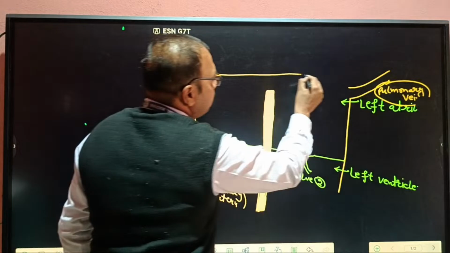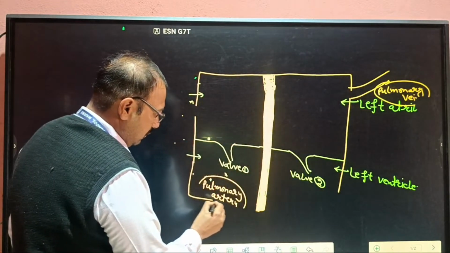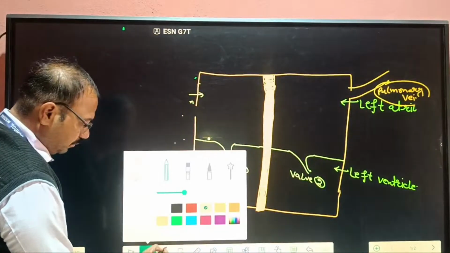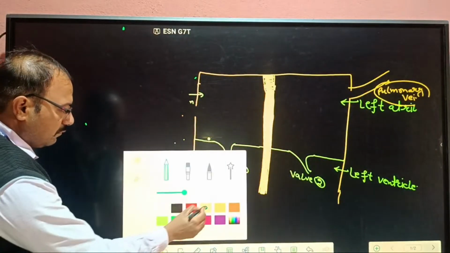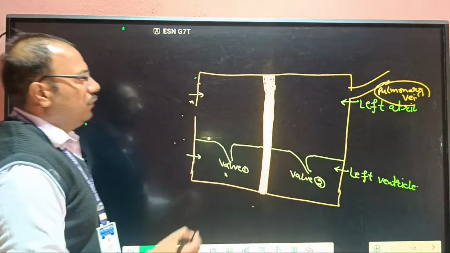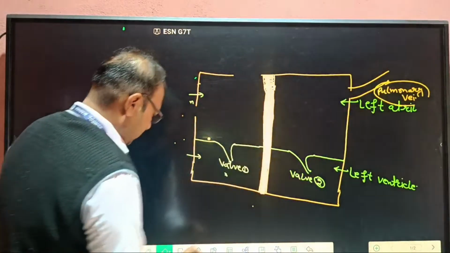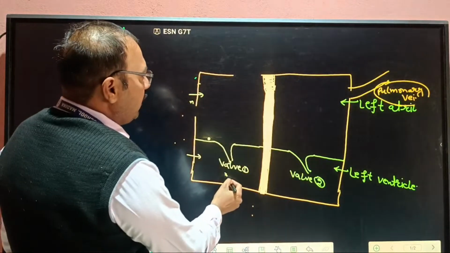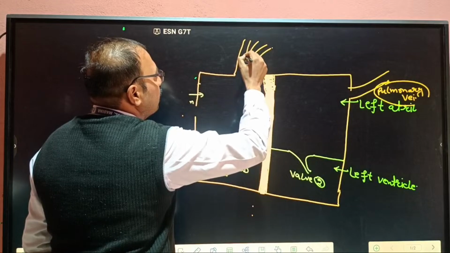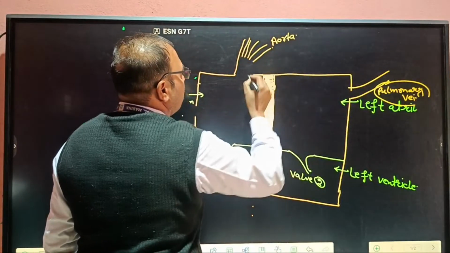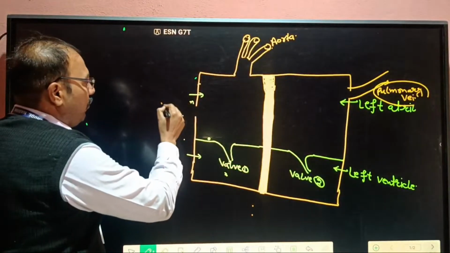So we make a diagram here. This is what we make. Here you make the pulmonary artery. And here we make the vena cava.